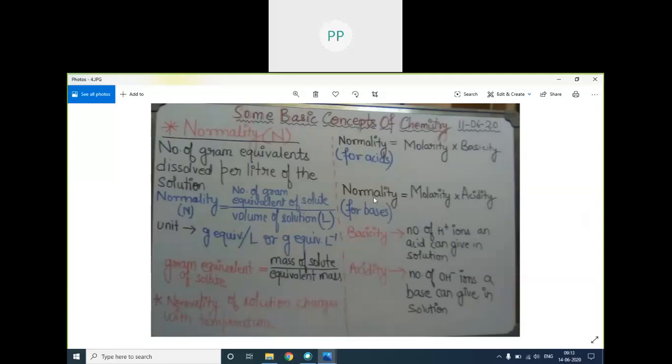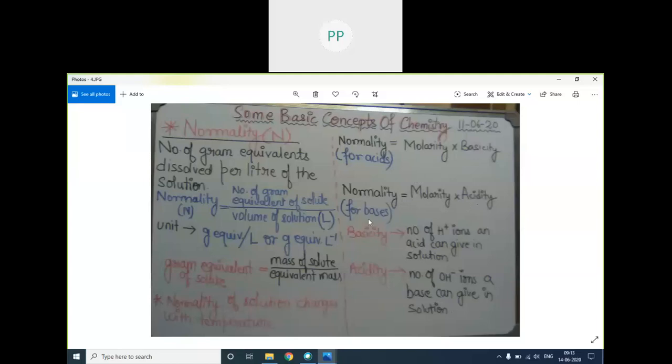Normality equals molarity into acidity. We know acids have basicity and bases have acidity. So the formula is: for acids, normality equals molarity into basicity, and for bases, normality equals molarity into acidity.